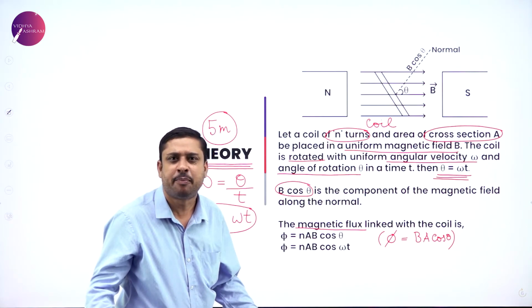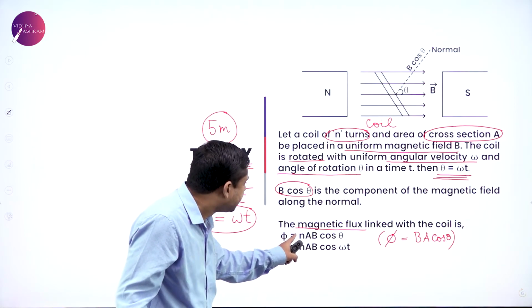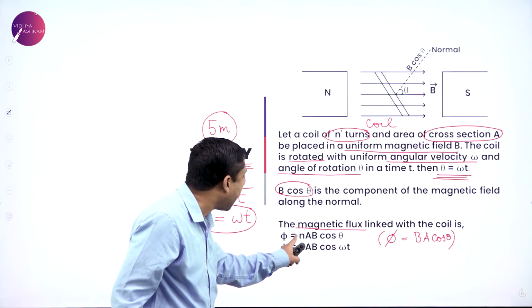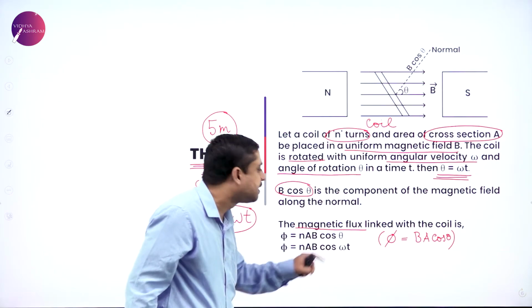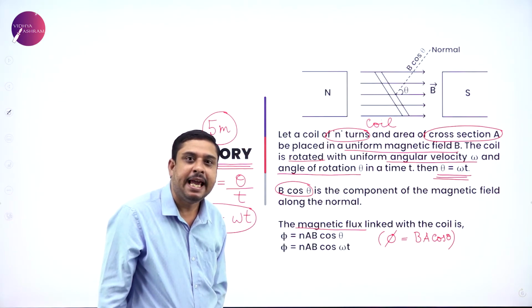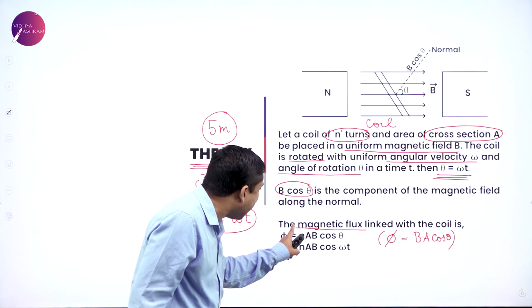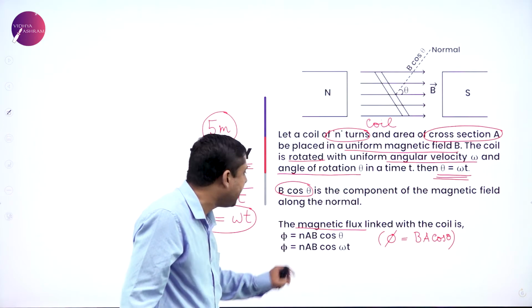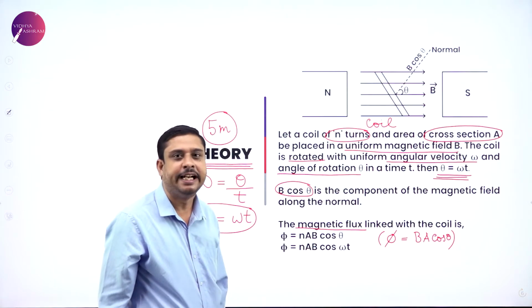B dot A, vector B dot vector A, the dot product. Since there are n number of turns in the coil, I have written it as phi equals n A B cos theta.